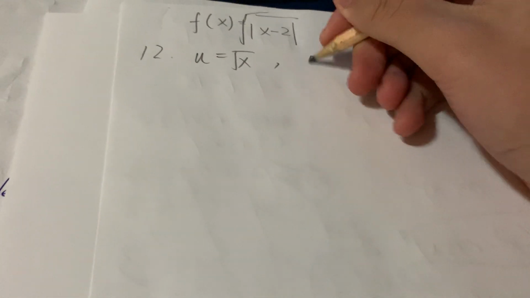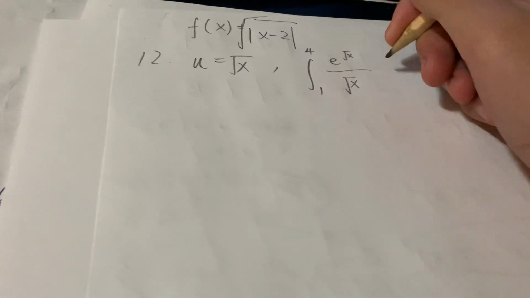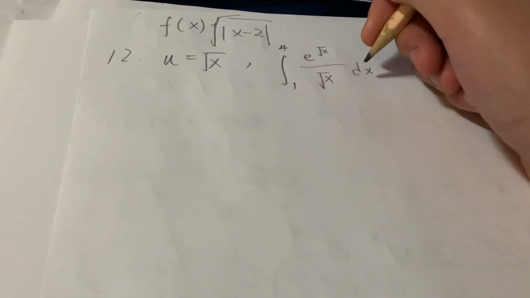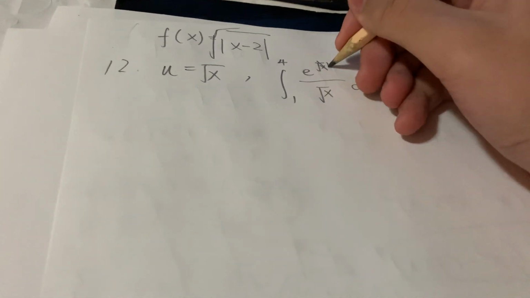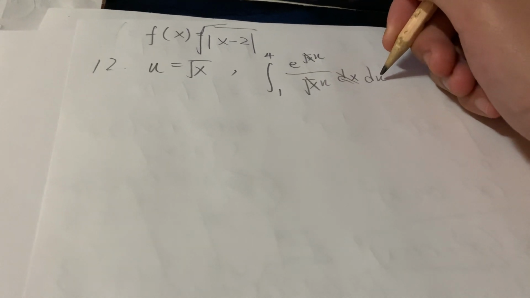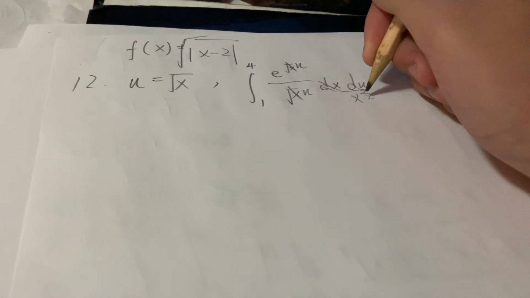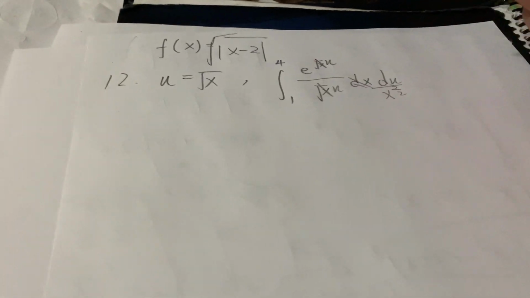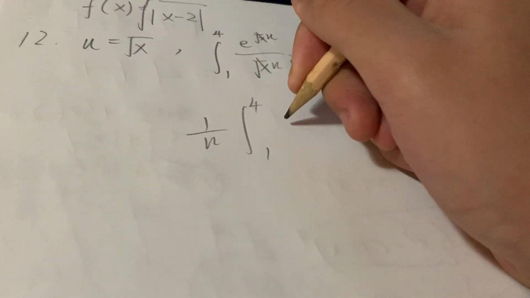Problem 12. Using the substitution u equals root x, the integral from 1 to 4 of e to the root x divided by root x dx is equal to which of the following? Let me think. So we give this as u, and we get du. So e to the u divided by u, which is equal to this, from 1 to 4 of e to the u.